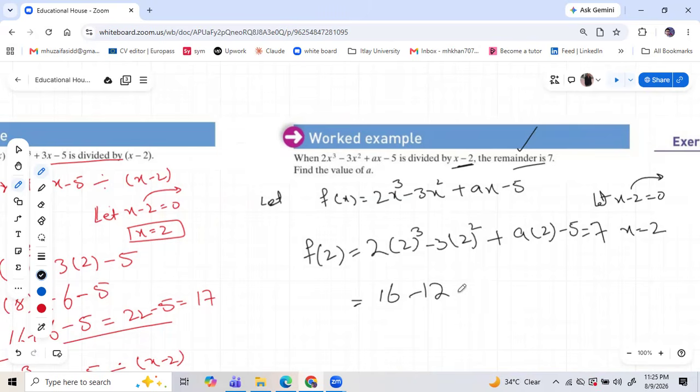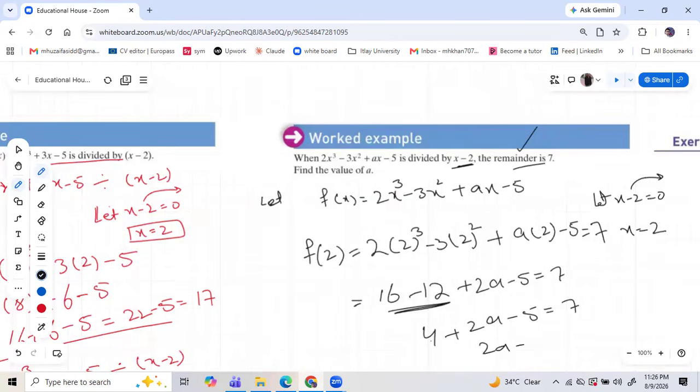So this is your plus 2a minus 5 is equal to 7. Look at it here. This is 16 minus 12. This gives us 4 plus 2a minus 5 is equal to 7. And look at it here, this is 4 minus 5. This is 2a minus 1 is equal to 7.